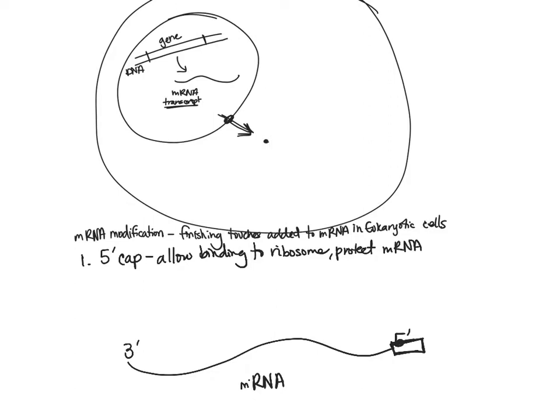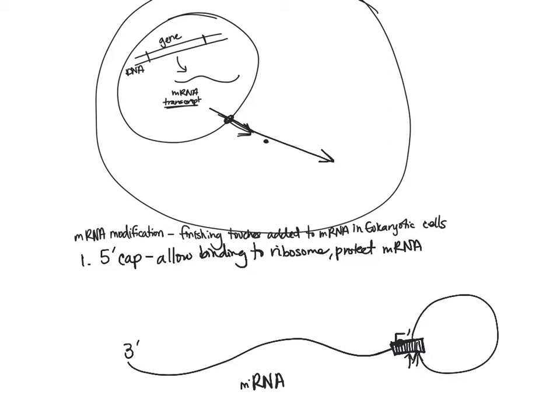So really what we add in the 5' cap is a series of nucleotides here. The series of nucleotides is what's going to attach to a ribosome, so the ribosome can recognize it, allow binding to the ribosome. But then also, if anything, in the process of this mRNA leaving and going out into the cytosol, if it encounters any type of enzyme that will eat away at nucleotides, we can start eating away at the nucleotides at the 5' cap, but it's not going to get to the important information in the gene.